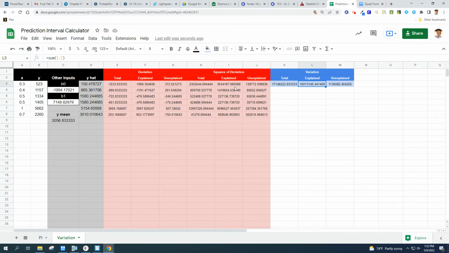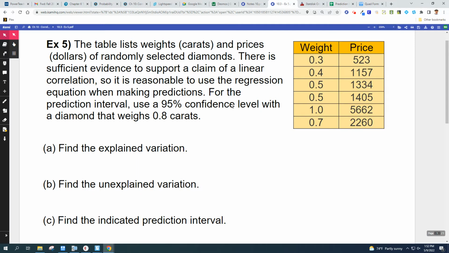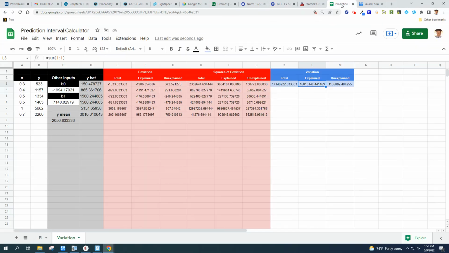And this one will be the sum of these numbers, and this one will be the sum of these numbers. So you can kind of see where they're coming from. I don't really need these numbers. Here's the deviation if you needed them for each point, but the variation is the sum of these squares of these deviations.